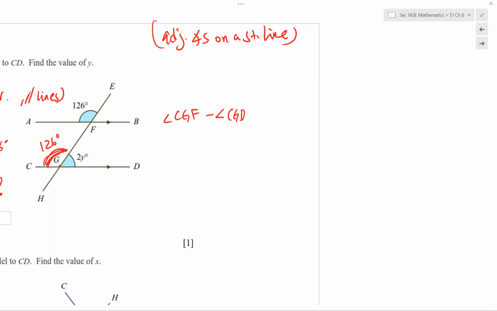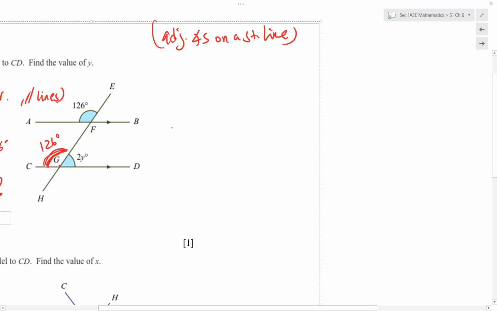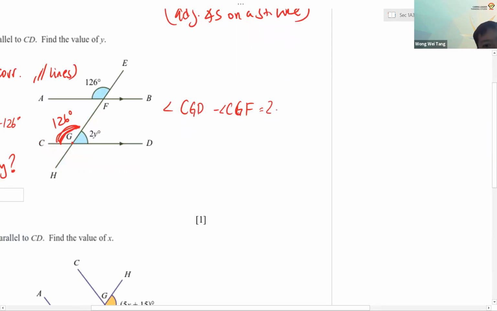CGD minus CGF. So this angle minus this angle equals 2y.